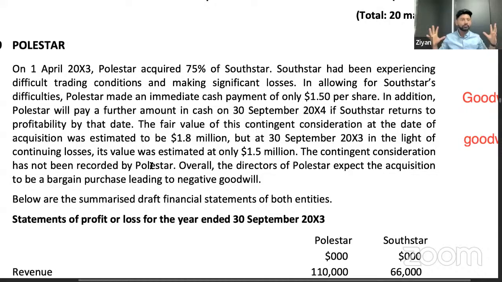Okay, a massive volume of information, about 10 to 12 lines, in the exam you have to go through. But there is nothing complicated if you know what they are trying to say. They are saying they are making losses. Okay, we don't care. But in allowing for such difficulties, Polestar made an immediate cash payment of 1.5 per share. What is that?